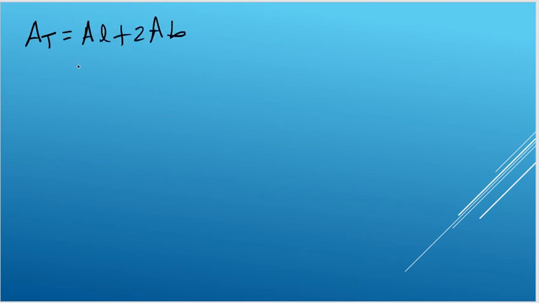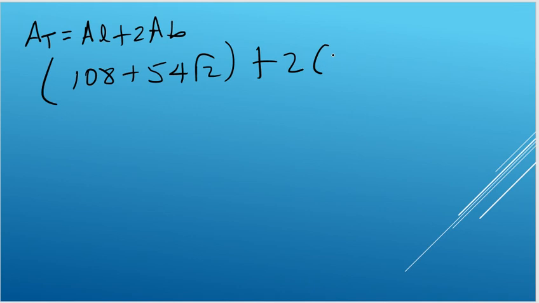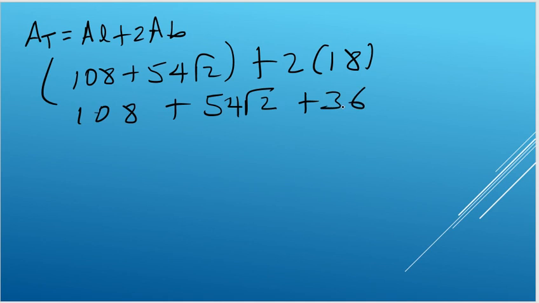We have got 108 plus 54 radical 2, then plus 2 times the area base. We got the area base already, 18, because half times 6 times 6 is 18, and 2 times it is 36. So 108 plus 54 radical 2 plus 36. We can add 36 and 108, and it's going to be 144 plus 54 radical 2.